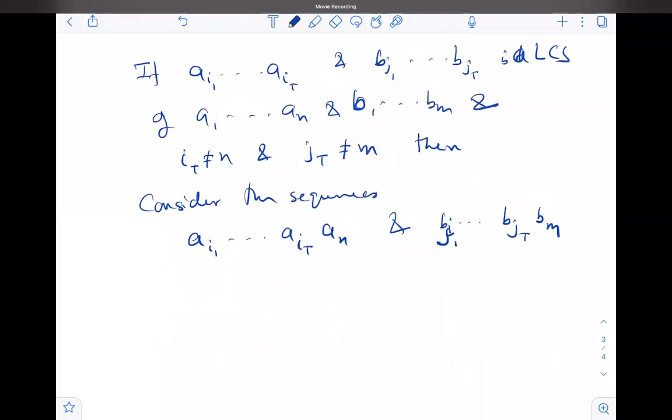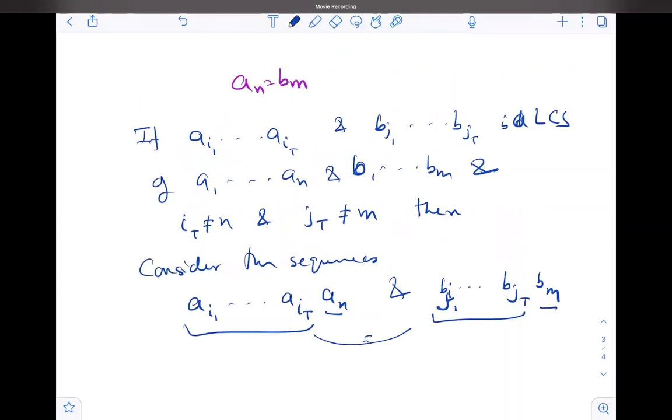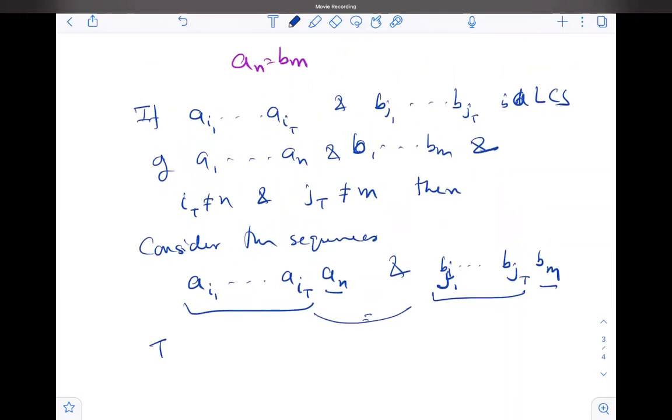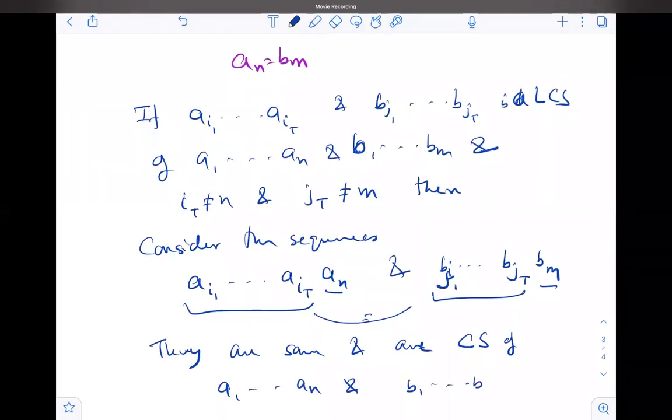Note that these two sequences are the same, because this sequence is equal to this sequence, and this is equal to this. Both of them are subsequences of A1 to AN and B1 to BM, so they are common sequences.